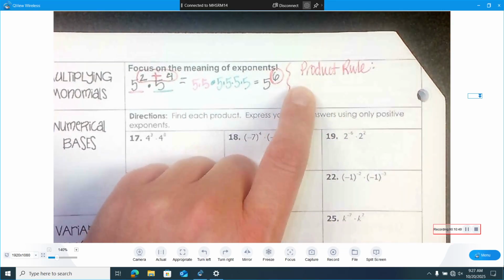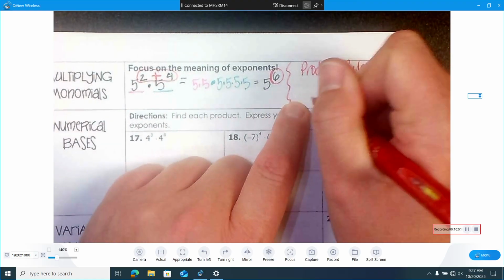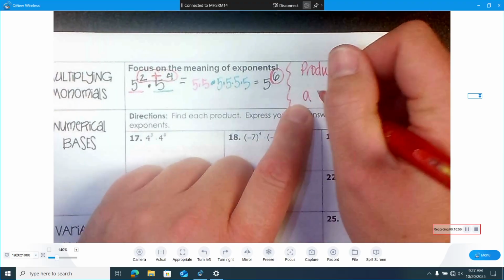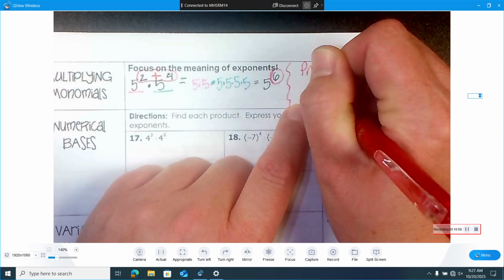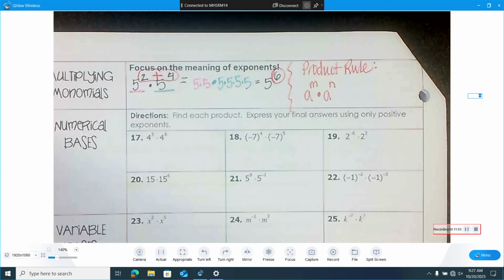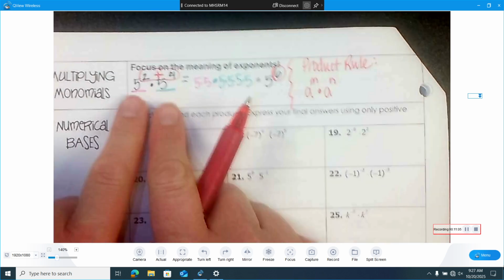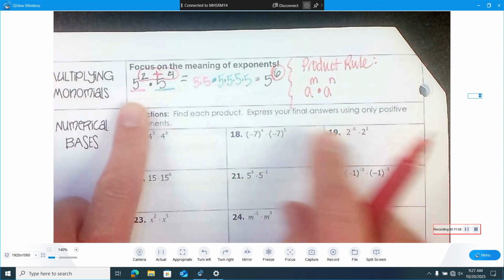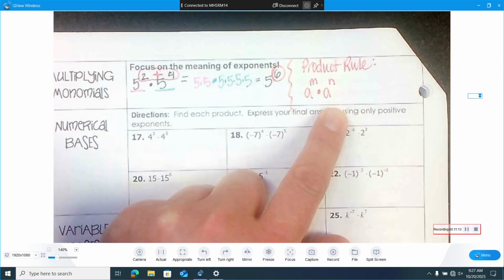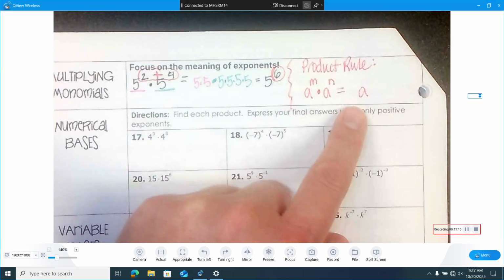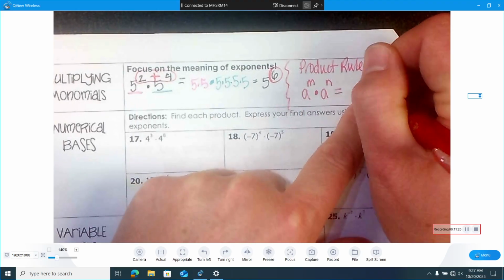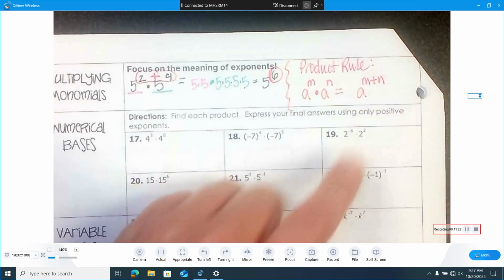The product rule. If two things have the same base, so let's say we have a to the m power and a to the n power. They have the same base. They match. And here we have the same base of 5. If your bases match, then all we have to do is keep the base exactly the same and add our exponents, m plus n.